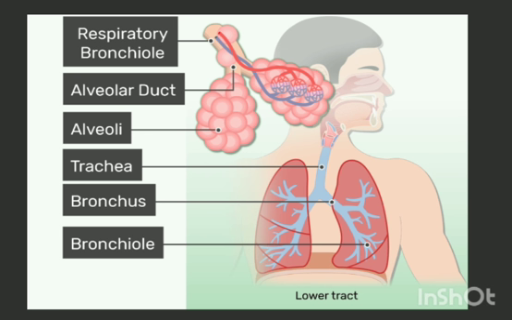Then these bronchi further divide into numerous extremely narrow tubes called bronchioles in each lung. These tubes open into tiny air sacs called alveoli. The walls of the alveoli are lined with a network of blood vessels and capillaries to facilitate the exchange of gases.